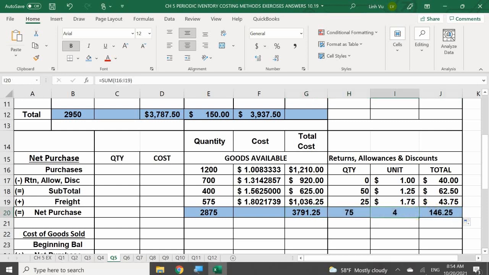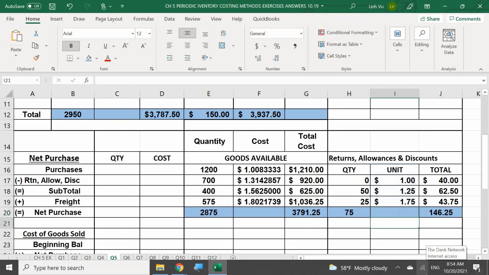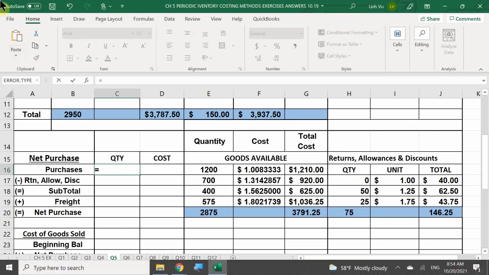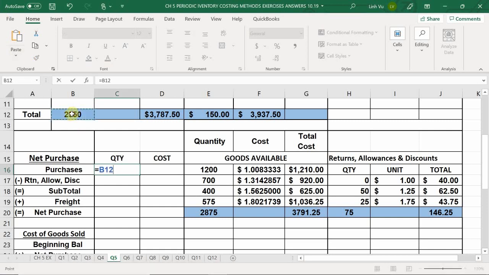$146.25. Good. Okay. So now let's go ahead and plug in our numbers here in our net purchases to solve for our cost of goods sold. So in this case, how many items did I buy? 2,950, yeah. Okay.